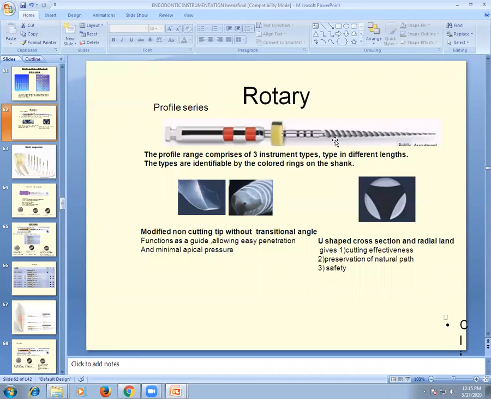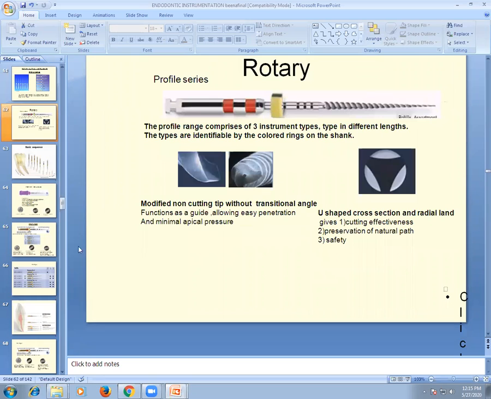This is the head, the shaft, and this is the handle, which consists of the latch type. Okay, the tip is a non-cutting tip in the ProFile series, and it is U-shaped in cross section. If you can see, this is U-shaped in cross section.